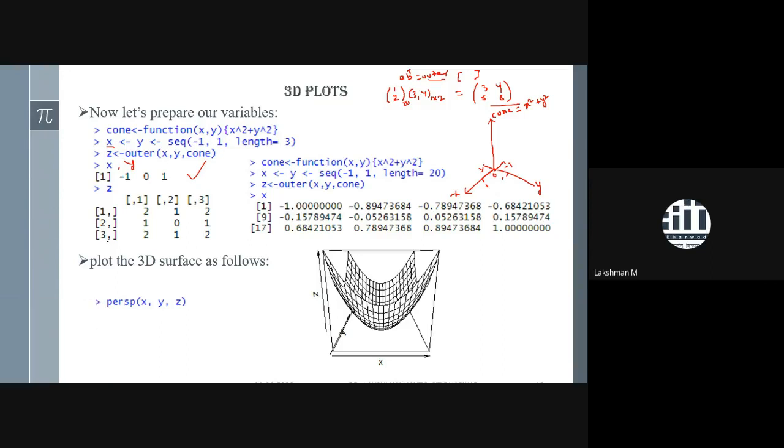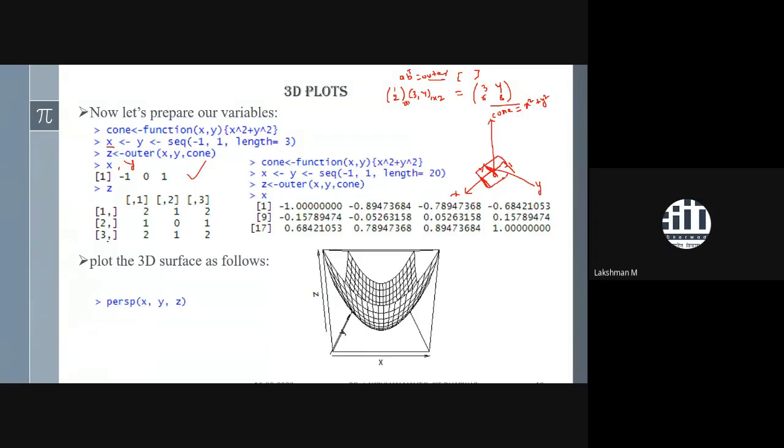Now you can do this kind of partition. If you take the outer product of x and y, you will get a matrix. And if you take the outer product of three vectors, you will get a cube kind of structure. The outer product here gives a matrix, a two-dimensional object.